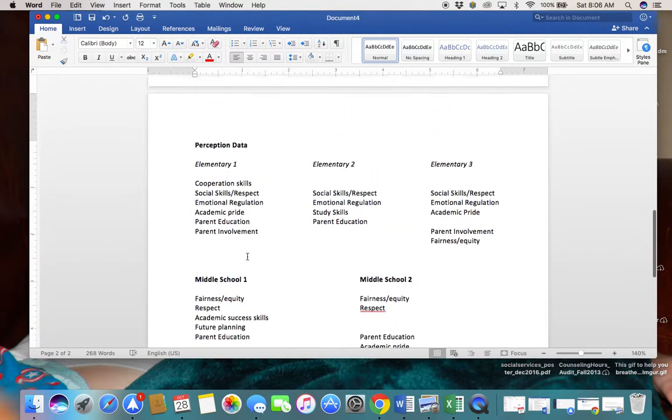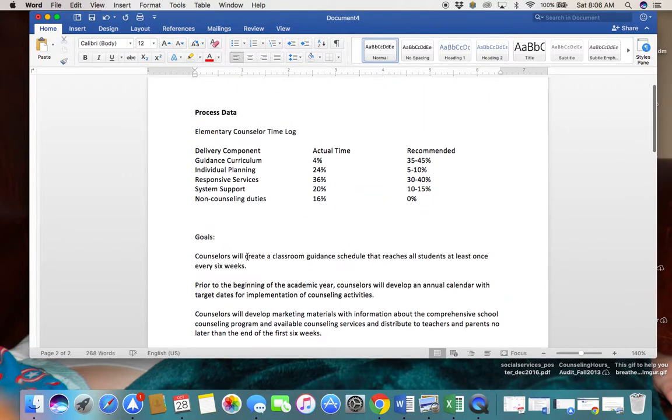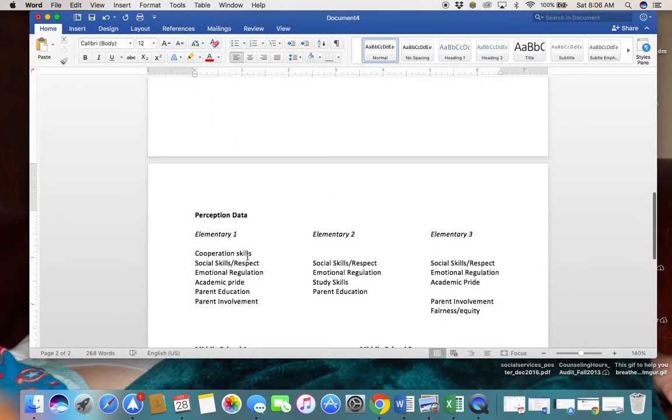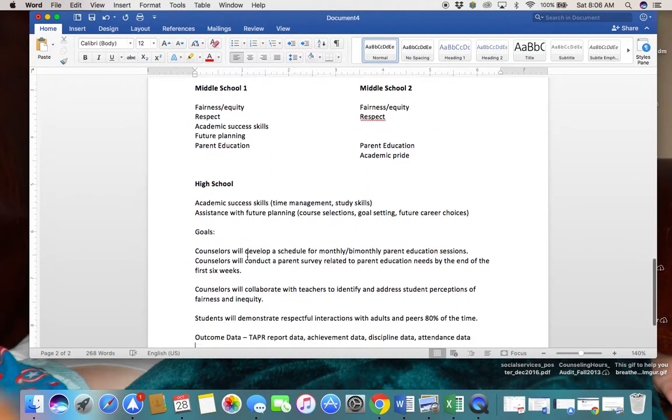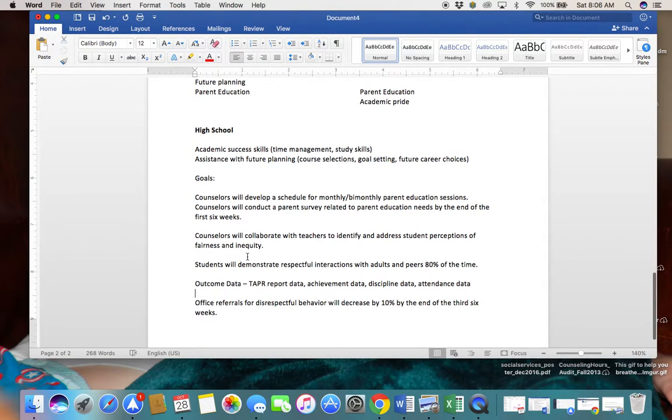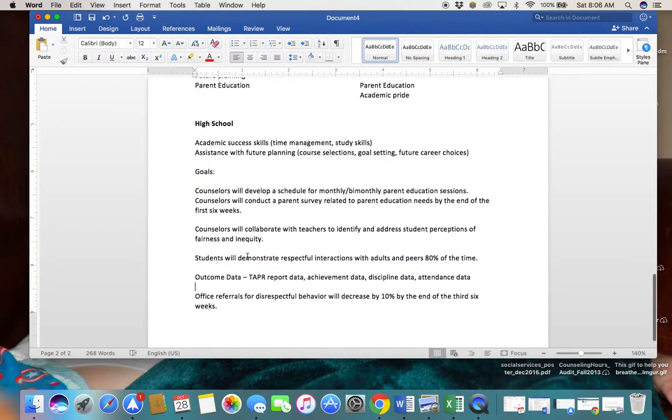So I hope that is helpful for you on how to write these goals and how to look for these trends and write it. So what you're going to do is you're going to write 3 campus goals. They can be related to your perception data from your needs assessment, or they can be related to your TAPER report, which is going to be your outcome data.